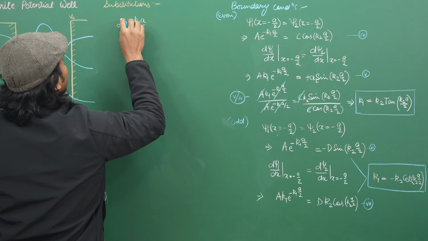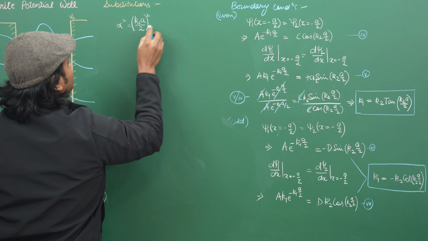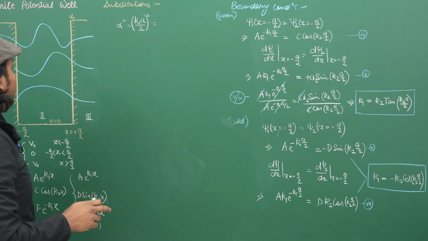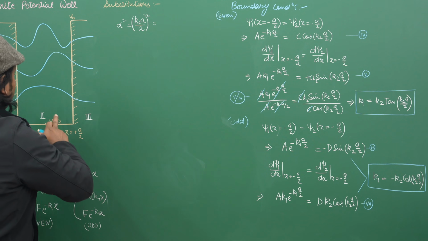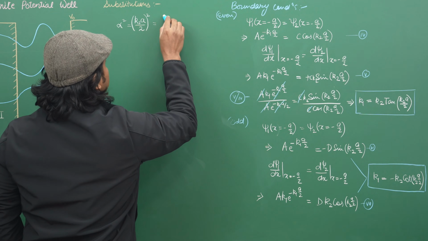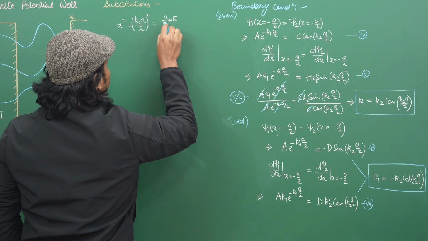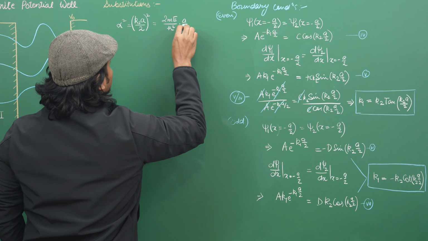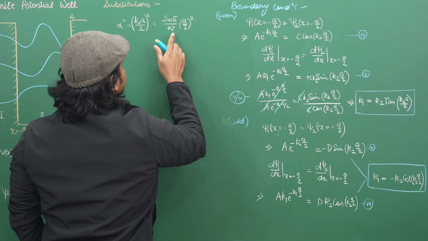Now let's take the square of this, so this becomes alpha squared. Now you must remember that we took k2 and k1 initially when we were writing the Schrodinger equation, k2 for region number 2 and k1 for region number 1. So for region 2 we had k2 squared as 2mE upon h cross squared, times a upon 2 squared, because this is k2 squared.